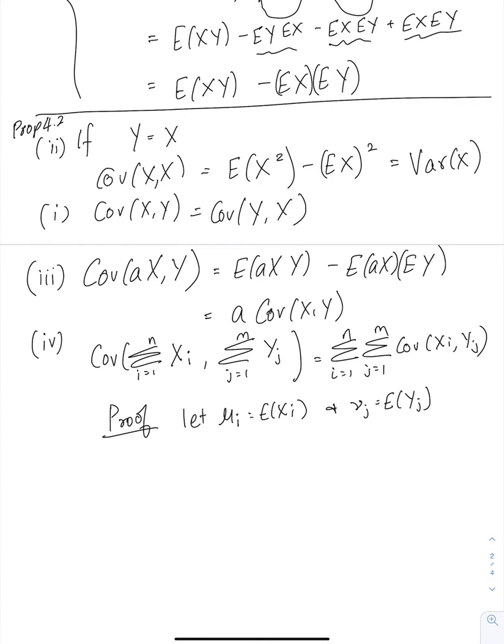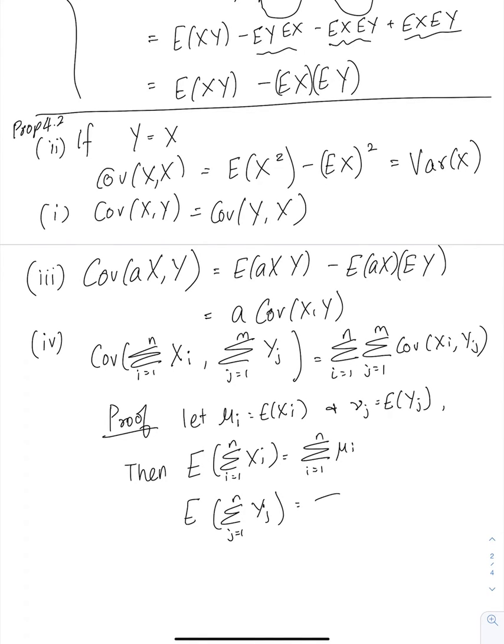All right, okay, then what if you wanted to look at the expectation of the sum of the xi's? Then you know this will just be the sum of the expectations. So this will just be the sum of the mu i's. Similarly, the expectation of the sum of the yj's will just be the sum of the nu j's.